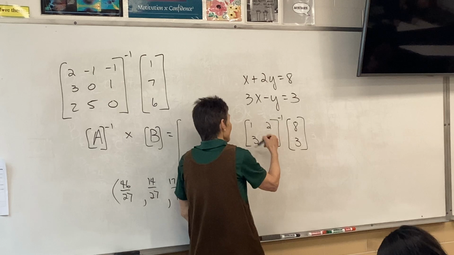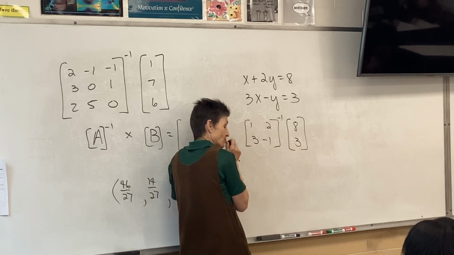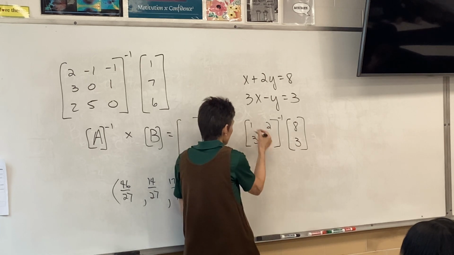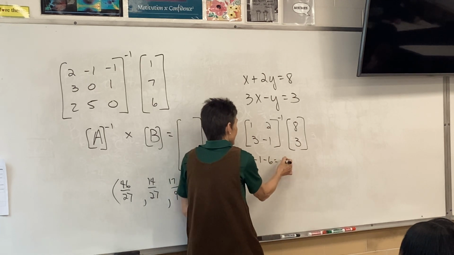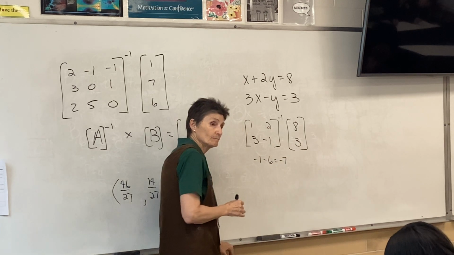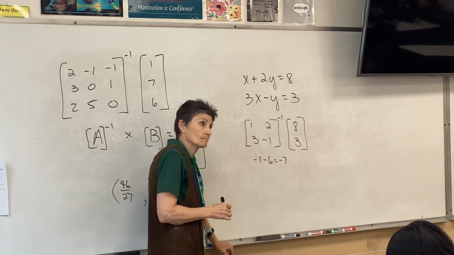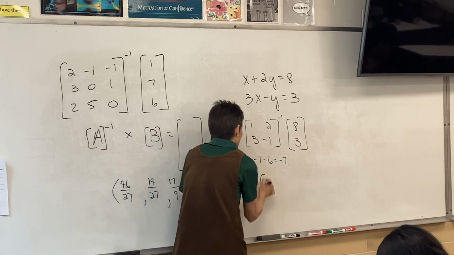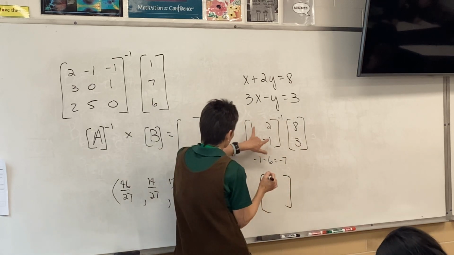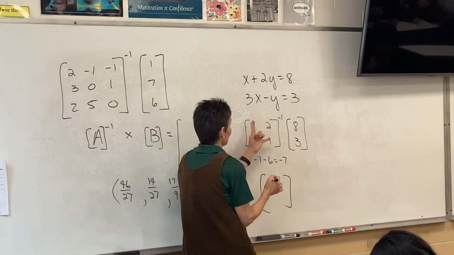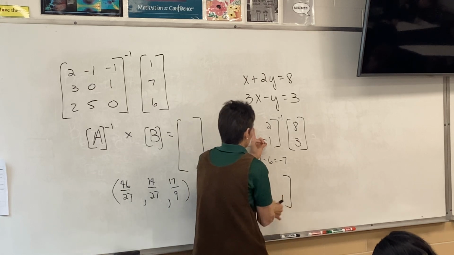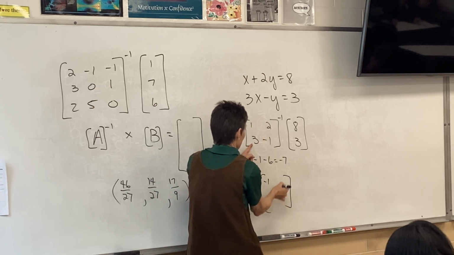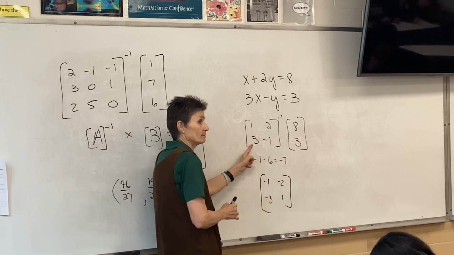So how do I find the inverse of a matrix? Find the determinant. So my determinant is -1 minus 6, -7. Make a new matrix. Now, these two are flipping places. These two are changing sign.